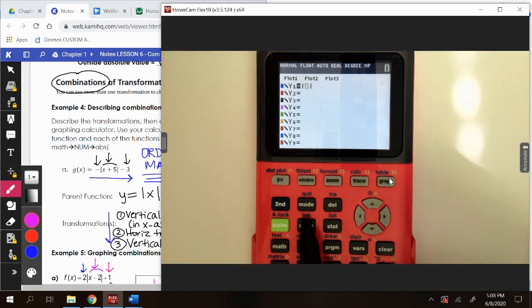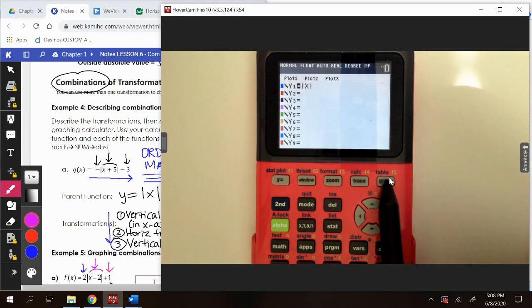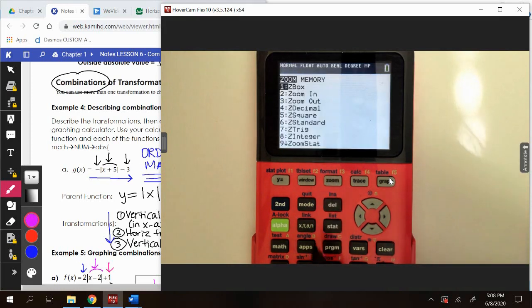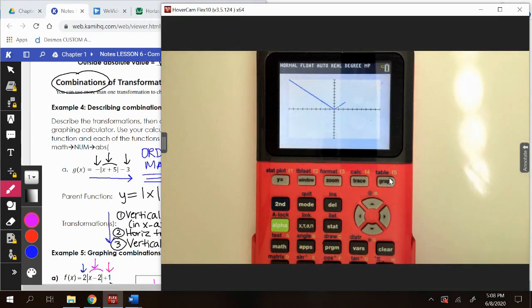And we're taking the absolute value of x. Okay, your variable is right here. It's this button. And then you can arrow over to the right. There's the absolute value of x. Press graph. And there's our V shape we were looking for. If you don't see this graph, I want you to go into Zoom and just select Zoom Standard, and your graph should look like mine.